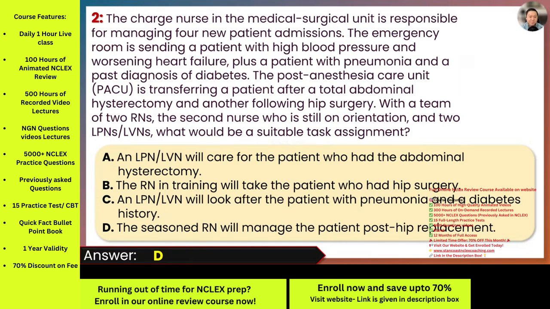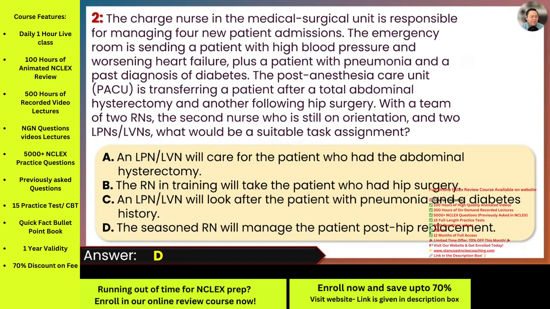The experienced nurse is best suited for handling unstable patients, especially those recovering from major surgeries. This RN will also oversee the post-hysterectomy patient, and both are at risk for serious complications. And so the RN in training can focus on stable medical patients, those with hypertension and diabetes, and they can gain experience while being supervised.